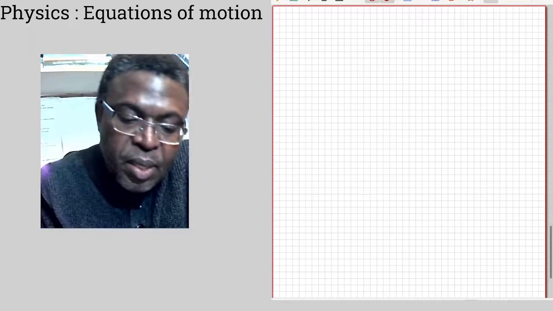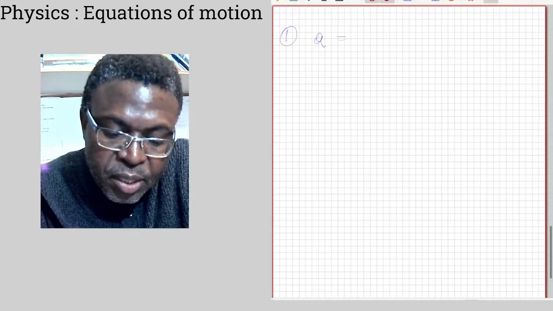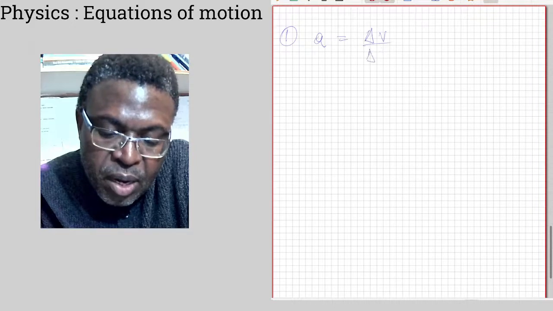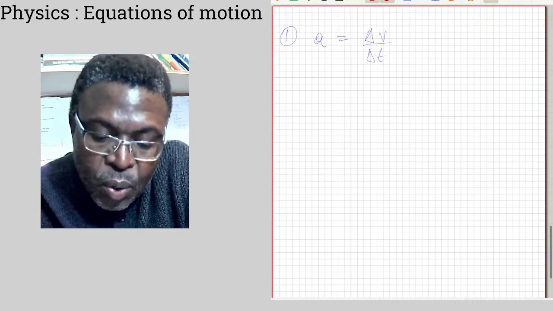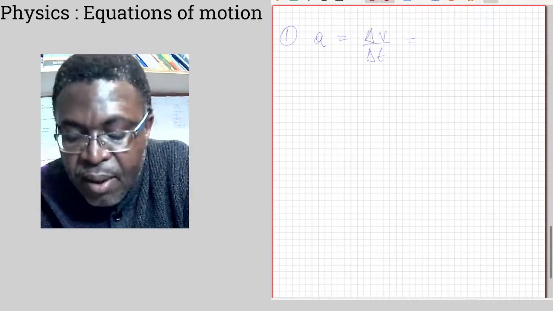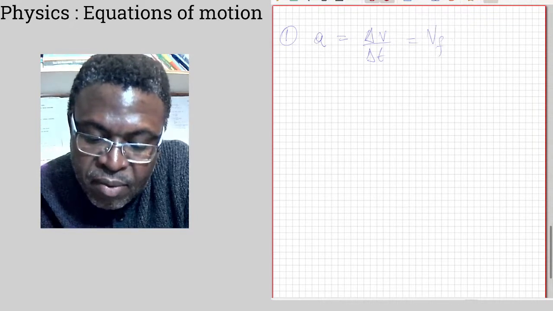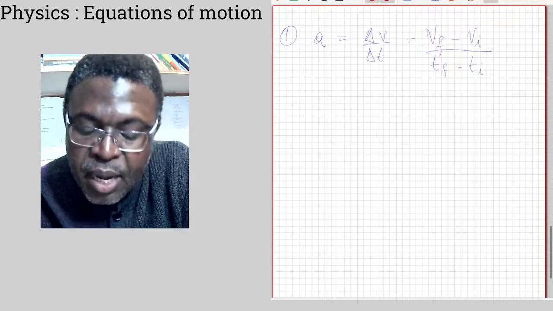Let us take equation number 1. Acceleration is equal to change in v over change in t. We now know that this delta means final minus initial. Therefore, we can say Vf minus Vi over Tf minus Ti.